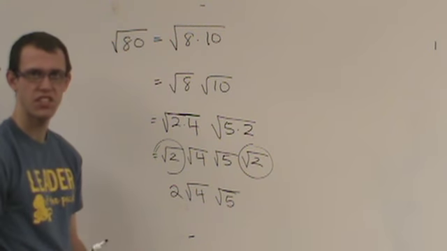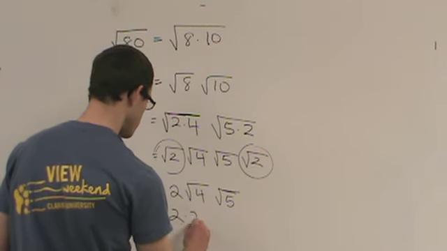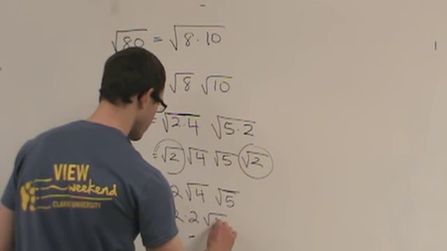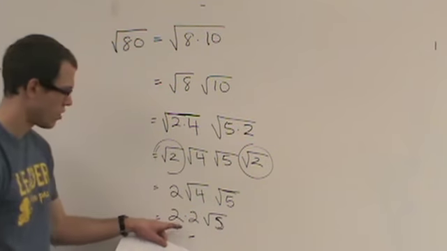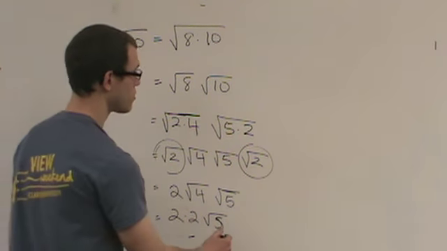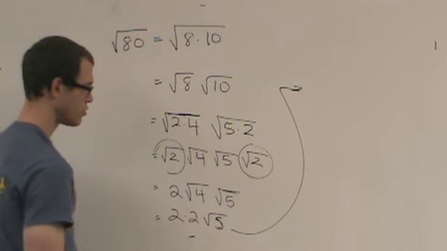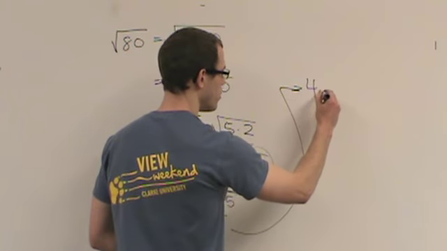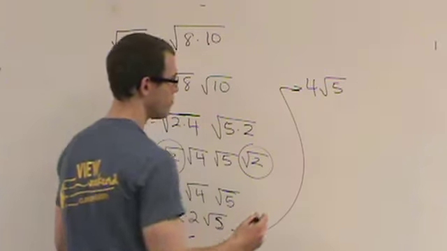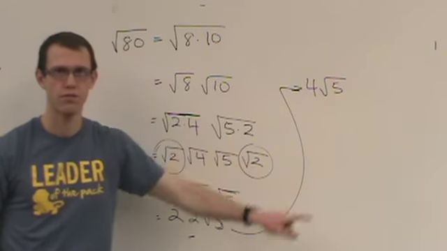Square root of 4, that's simply 2. So 2 times 2, square roots of 5. And 2 times 2, that's 4. So I'm just going to bring my answer up right over here. So 2 times 2 is 4, and we have the square root of 5. So our answer, square root of 80 equals 4 square roots of 5.